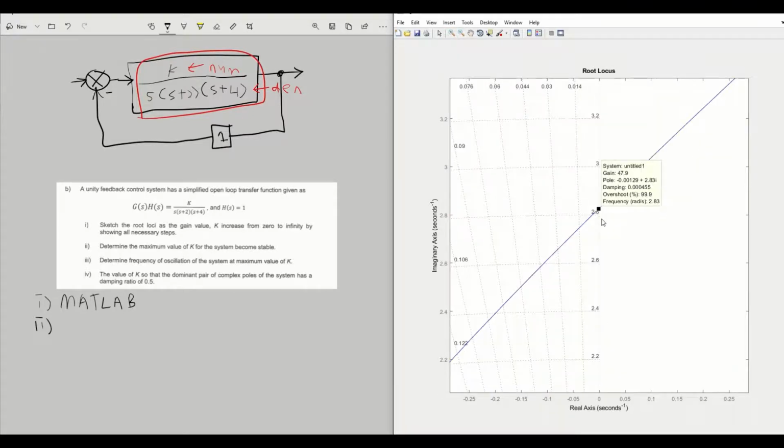To determine whether the line has intercepted the imaginary axis, we simply look at the pole, which changes from positive to negative. So we slide it a bit, so the pole becomes from negative to positive, so it has intercepted the imaginary axis. At that point the gain is 48. So from the graph we know that the maximum value of k is 48.